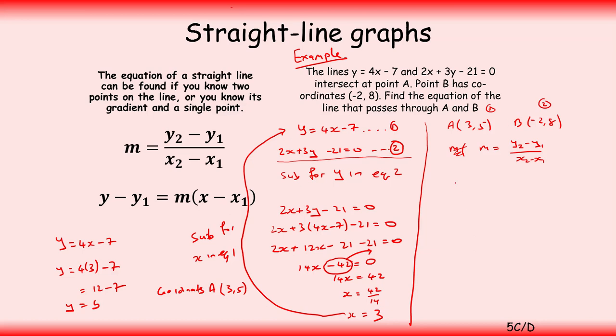And so we've got m is equal to y2, so 8 minus 5, divided by minus 2 minus 3, which is equal to 3 divided by minus 5. So our gradient is minus 3 over 5.